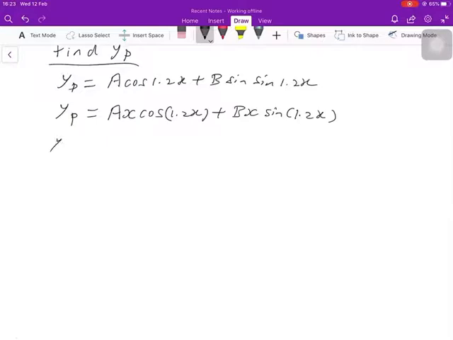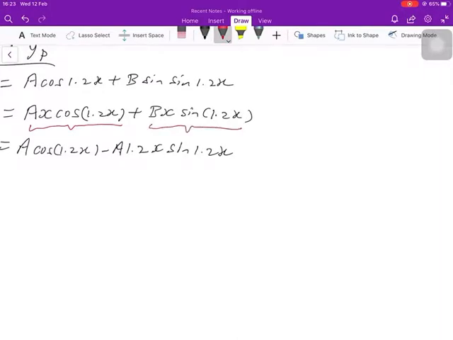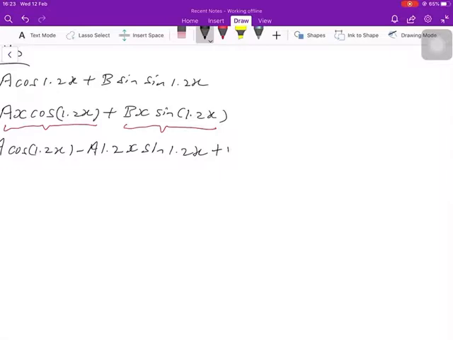So we take the first derivative, y'p. Here we need to do a product expansion. So you have a cosine 1.2x minus 1.2ax sine 1.2x, and then for the other term you have plus b sine 1.2x and plus 1.2bx cosine 1.2x.